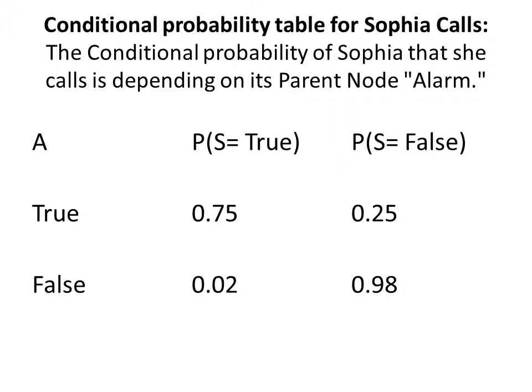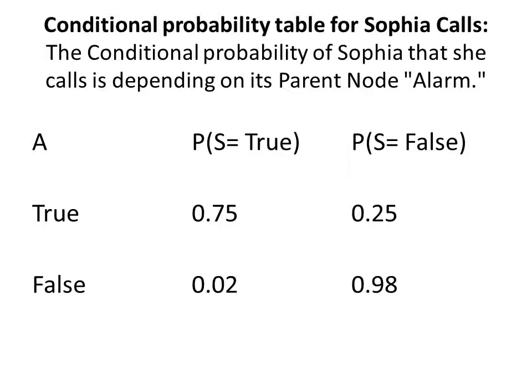A conditional probability table for Sophia calls. The conditional probability that Sophia calls depends on its parent node, alarm. So with true or false values, the probability of Sophia calling is listed here.